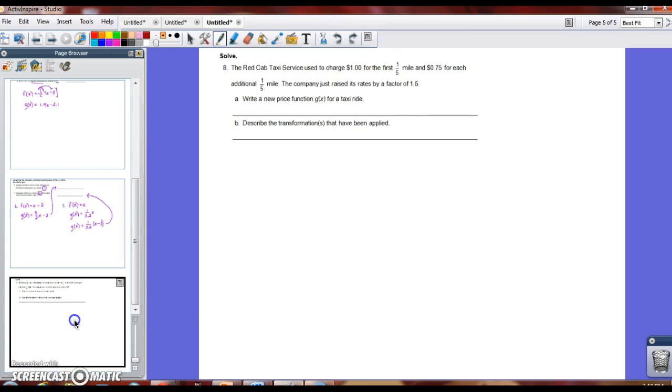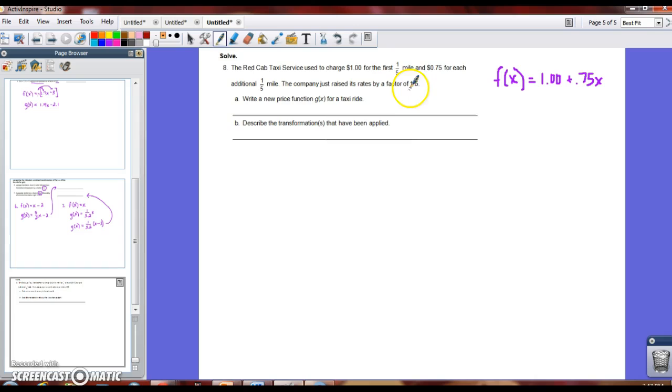In the last problem, we're talking about the red cab taxi service. It says write a price function for a taxi ride. So the original taxi ride is, if we have f of x, right, it costs us $1, and then 75 cents for each additional fifth of a mile.